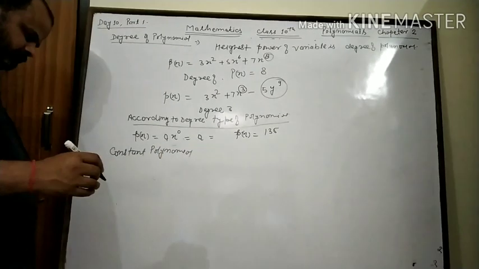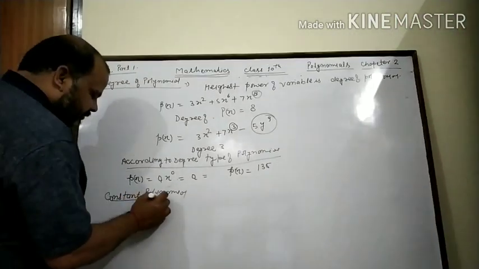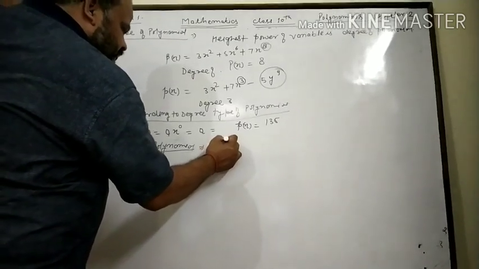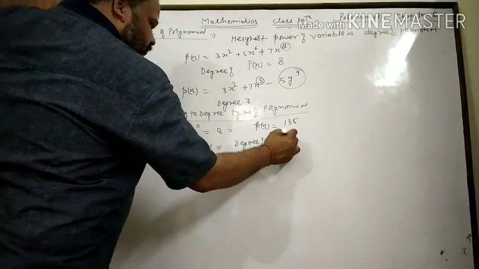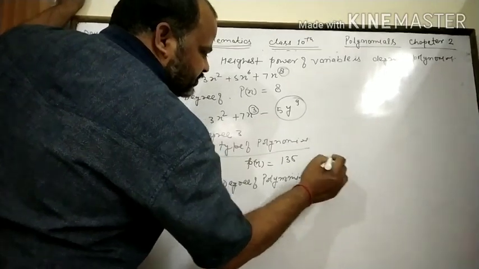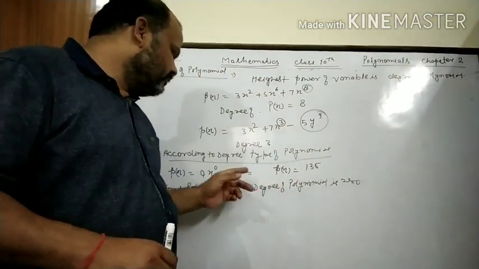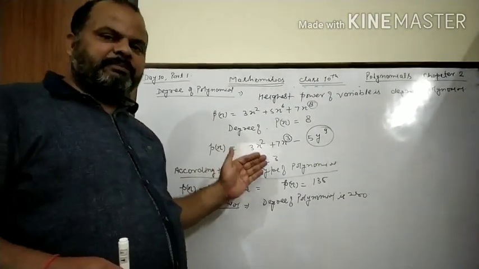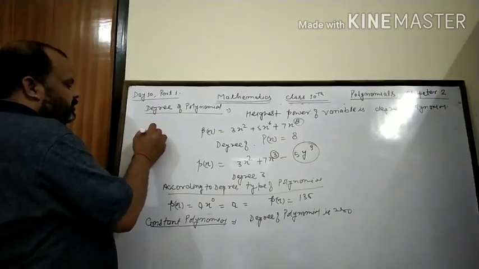Constant polynomial means the degree of the polynomial is 0. You know that if any value has power 0, that is 1. x to the power 0 means 1.